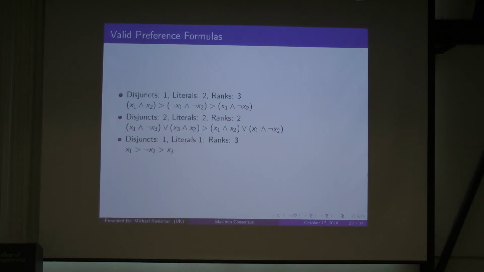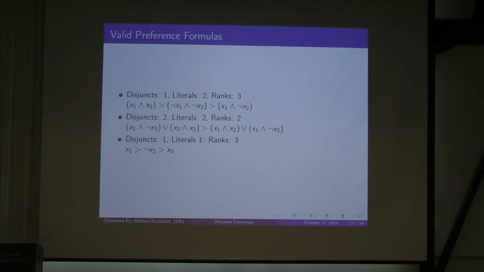So here are some examples of what we consider valid. If there's only one disjunct, we have nothing here. This is a single unit, and it's not ordered with anything. And then we have 2 literals, which means we have these 2. Like x1 would be the first attribute, x2 would be the second attribute.